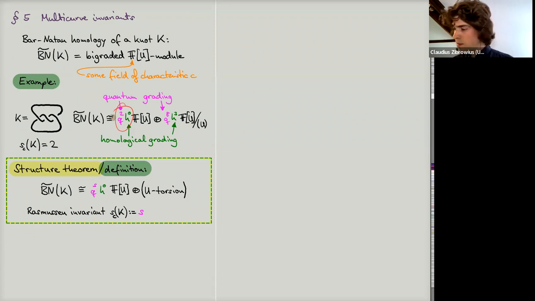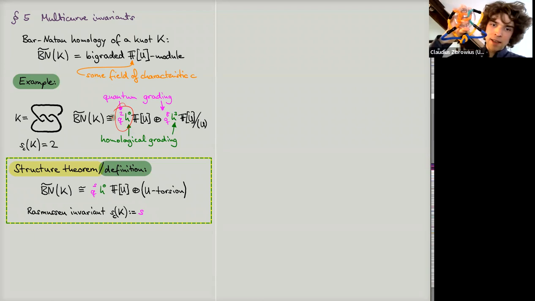So now we go back to our satellites. We want to study the Rasmussen invariant of these satellites by doing two separate computations: one for the pattern tangle, and one for the companion tangle.